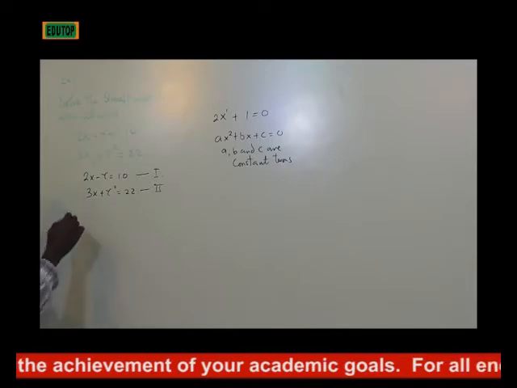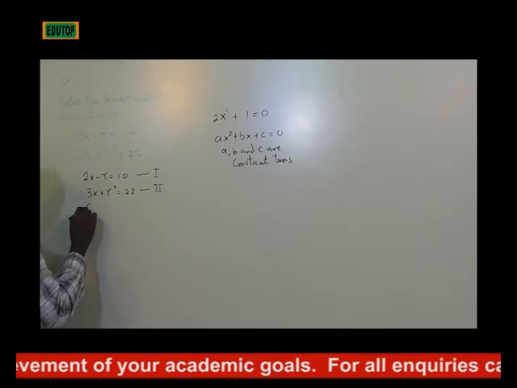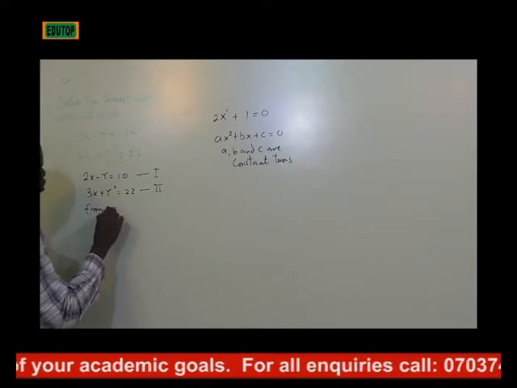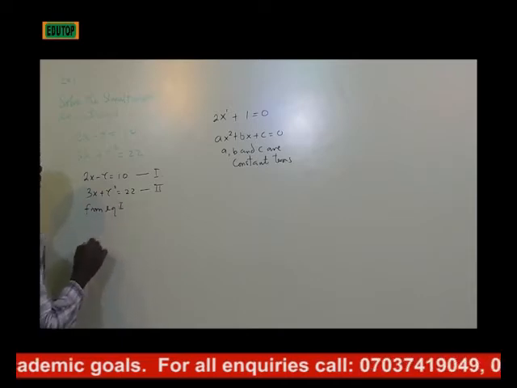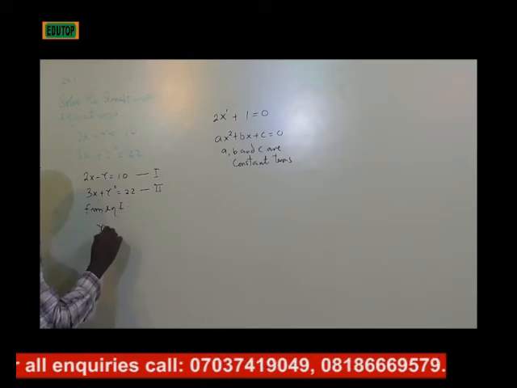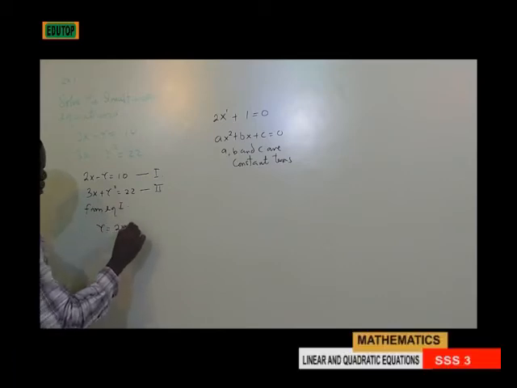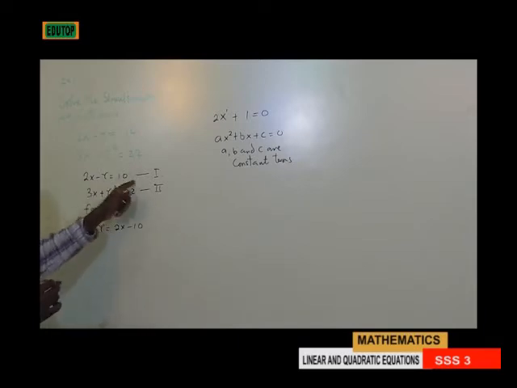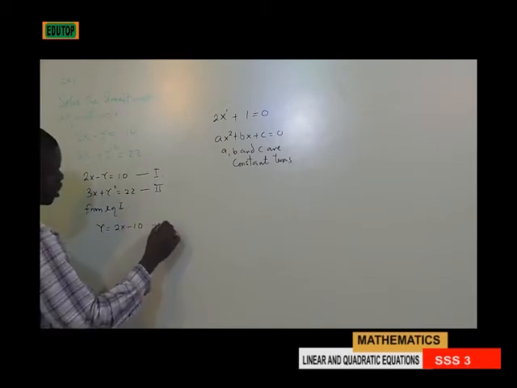Here, from equation 1, I can make y the subject of the formula, and I have y equals 2x minus 10. What I did here was to transfer this y to this side, and I took this 10 to the other side. Then I have y equals 2x minus 10. Let's call this equation 3.